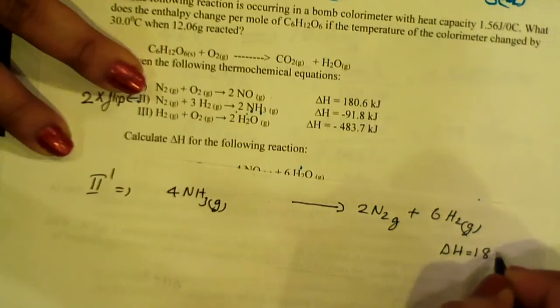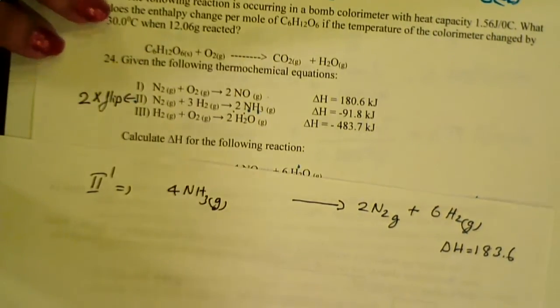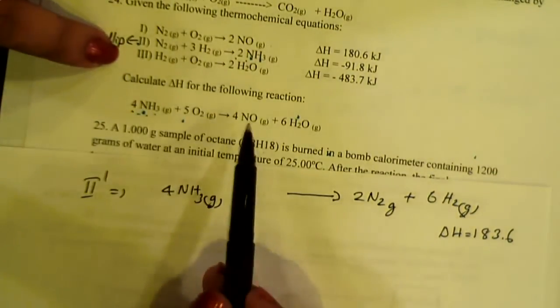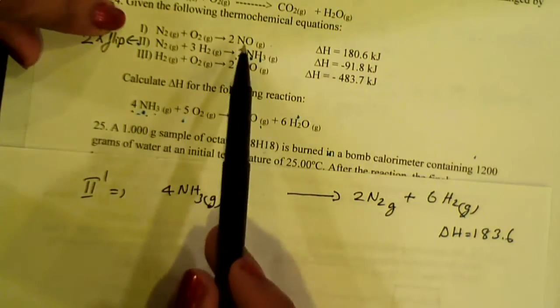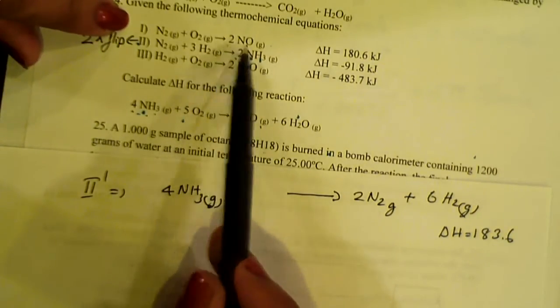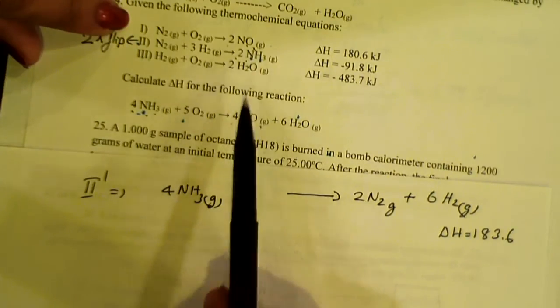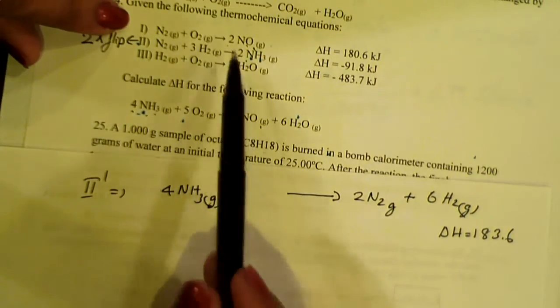If it is positive, it will be negative at the end, and if it is a negative enthalpy, it will be positive at the end. So since you flipped it, the delta H will be positive 91.8, and also you multiplied by 2, so 91.8 times 2, you will end up with 183.6.